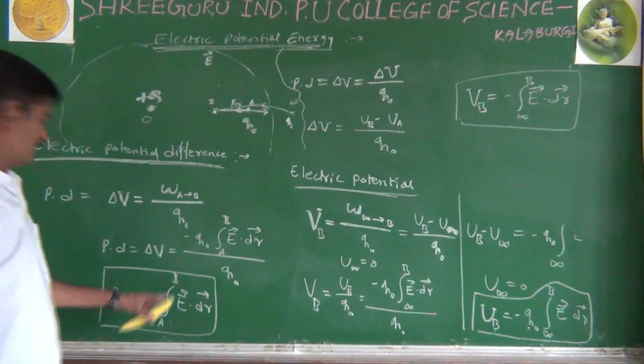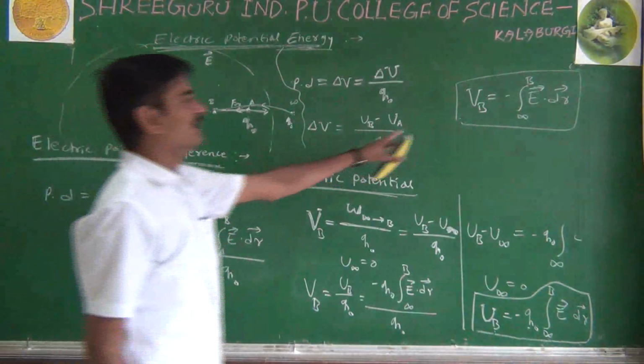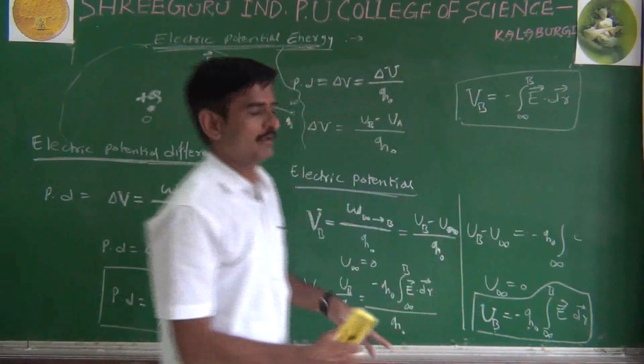This is the electric potential at the point B.